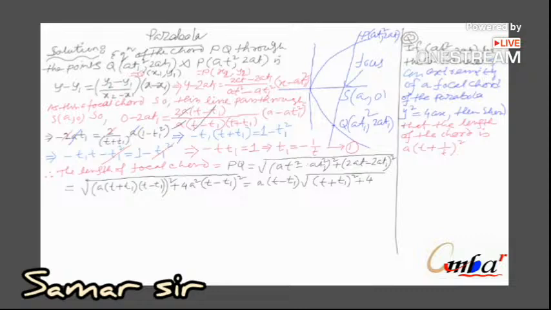So a(t − t1) under root of t² + t1² + 2tt1 + 4. Put t1 equal to minus 1 by t.